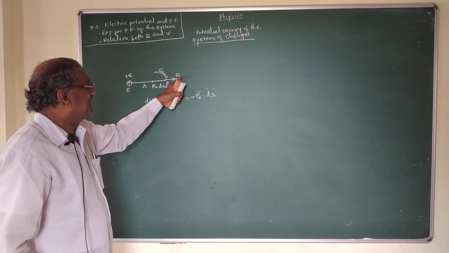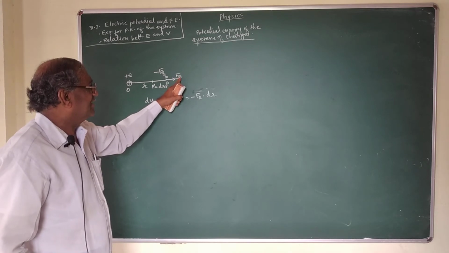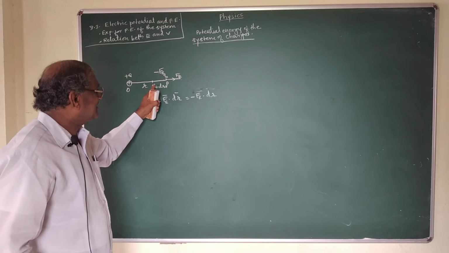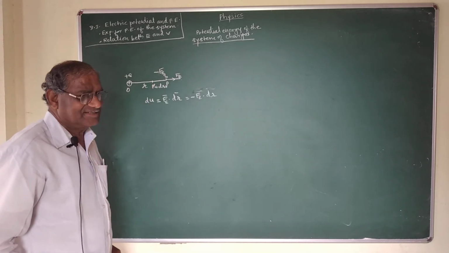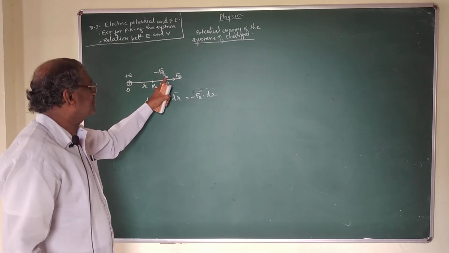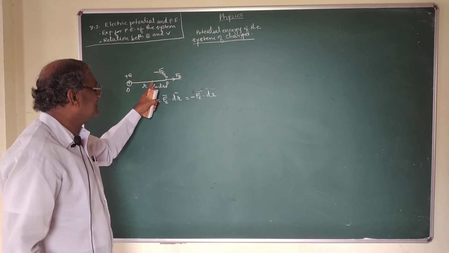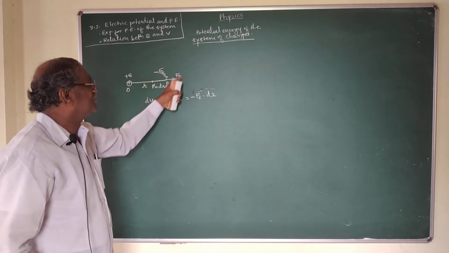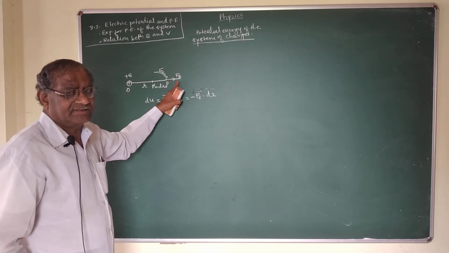This field force of repulsion opposes this displacement dr of the charge. But we have to move this q0 charge from P to P dash in this direction, so we must remove this force by any means.